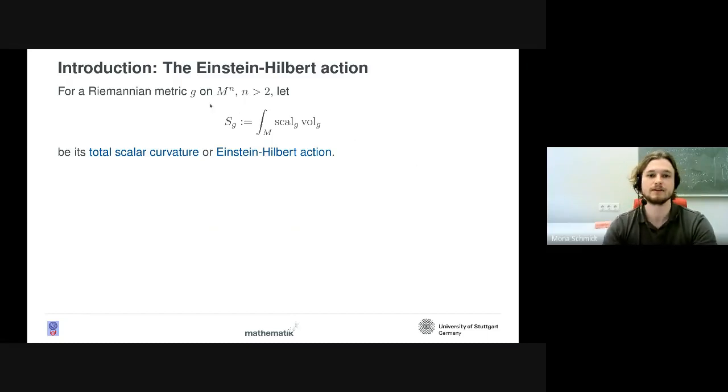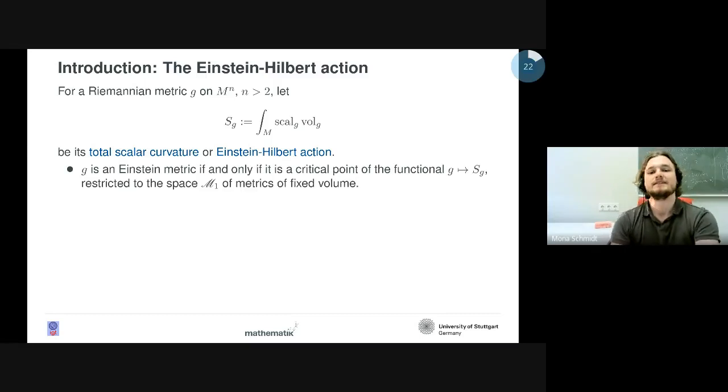Consider, for any Riemannian metric, with the technical condition that the dimension of M should be greater than 2, the total scalar curvature functional: we just take the scalar curvature and integrate it. It's also called the Einstein-Hilbert action.